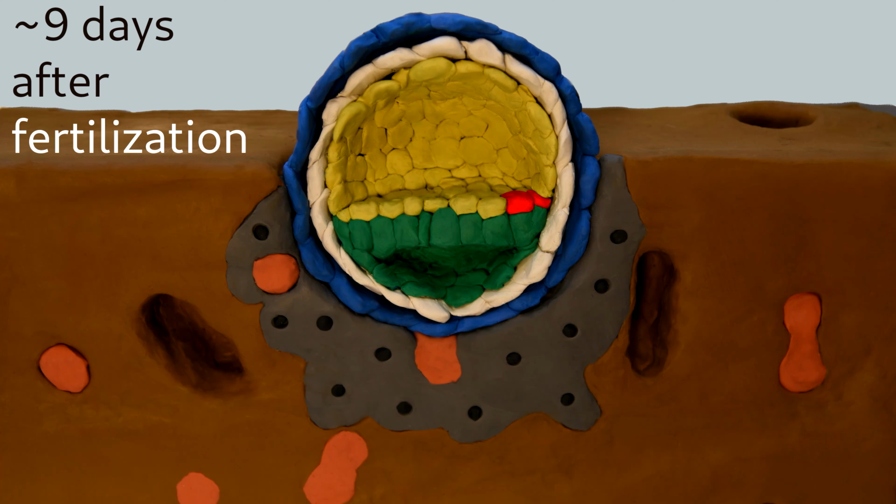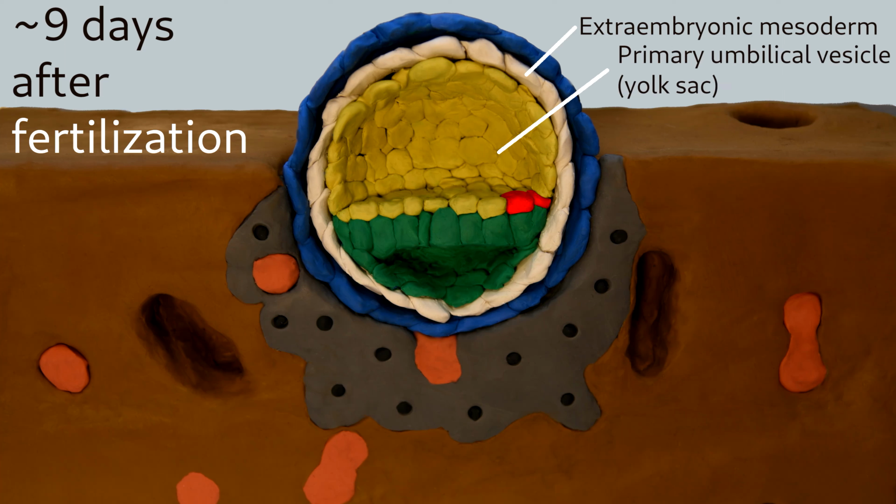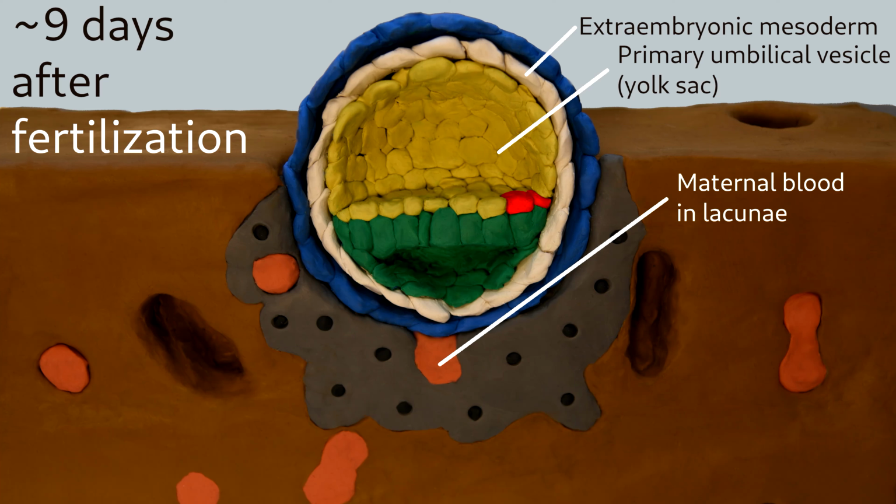At around 9 days after fertilization, the blastocyst continues to sink into the uterine wall and extraembryonic mesoderm forms. The syncytiotrophoblast continues to grow larger, and the exocoelomic cavity is now called the primary umbilical vesicle.